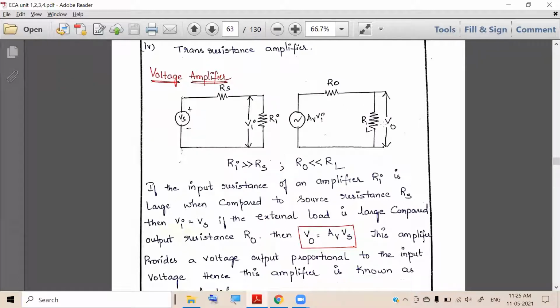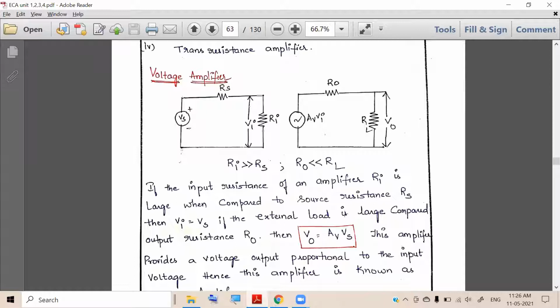So V0 will be equal to AV Vi. But when this condition is satisfied, Vi is equal to Vs. So we can say V0 is equal to AV Vs, right?